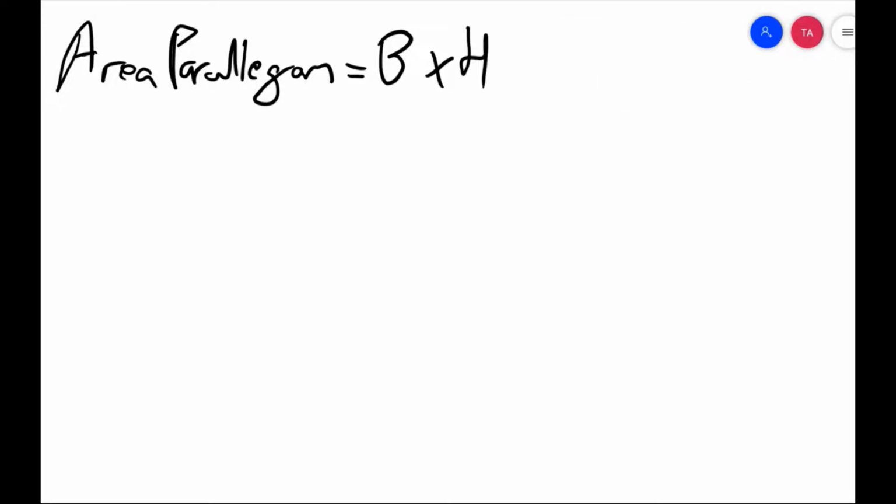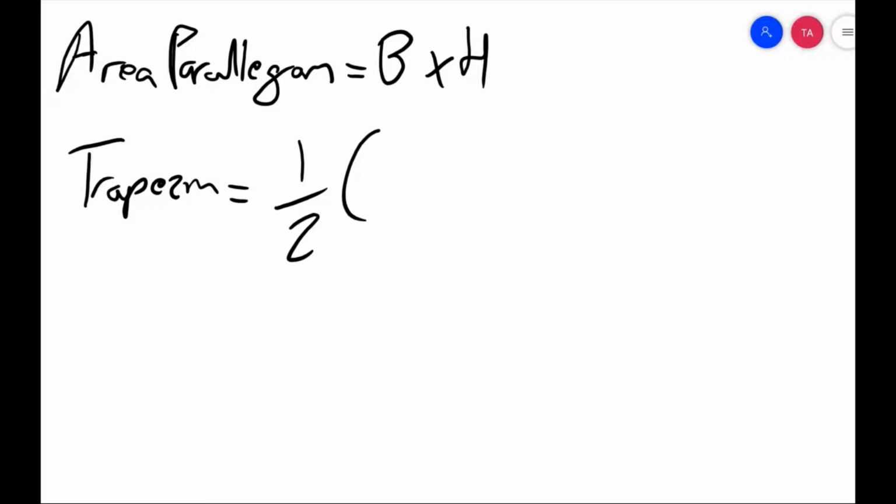Next we have the trapezium. The area of a trapezium, which also comes up, is a half, a plus b, times the height. So a plus b are the parallel sides to each other.